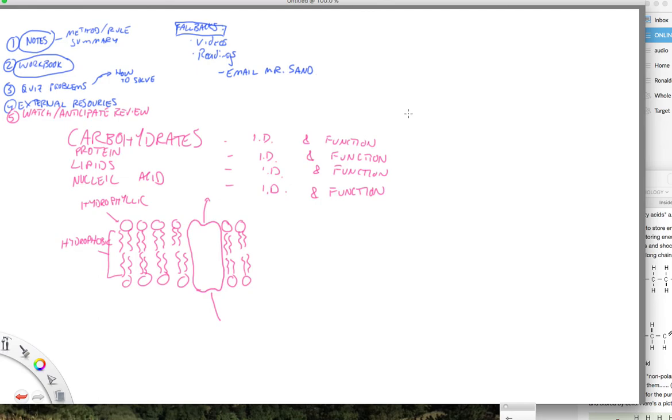So if ever you are in the position where you're like, okay, so what macromolecule does this certain task? More often than not, it's going to be a protein, because proteins do just about everything. Okay, so proteins are very important, and we're going to go through how proteins are made shortly. You're going to love it.